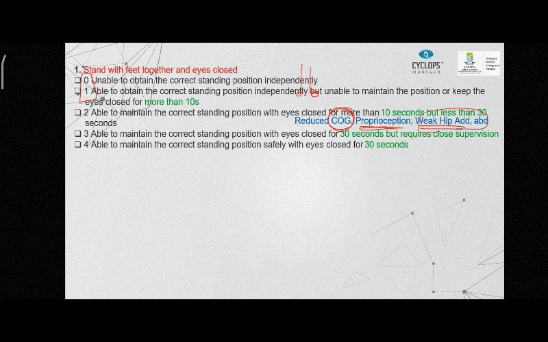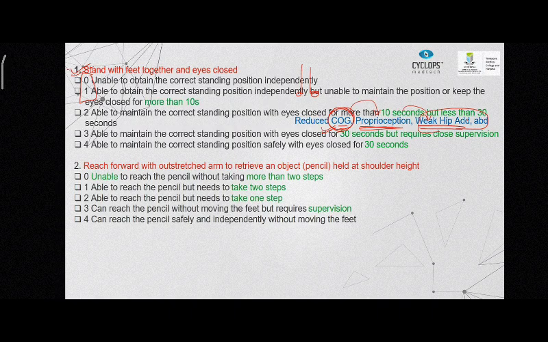Just by analyzing a particular test, we can see what we can do for these patients. We have to give exercises mainly targeted on COG, that is center of gravity. We have to give something for proprioception, and then we have to give him hip exercises.